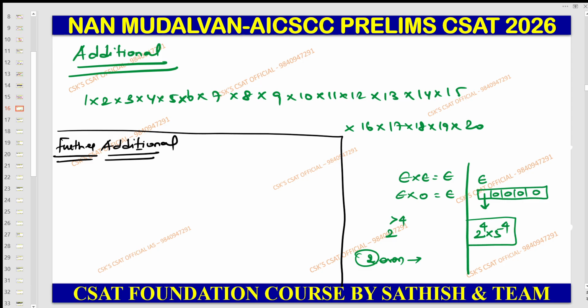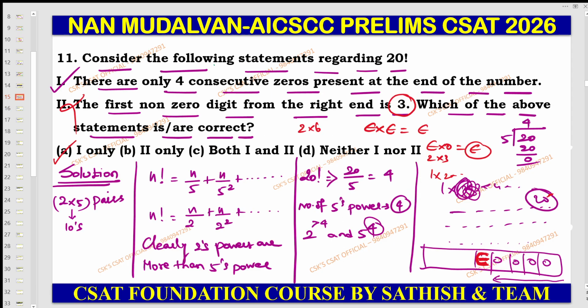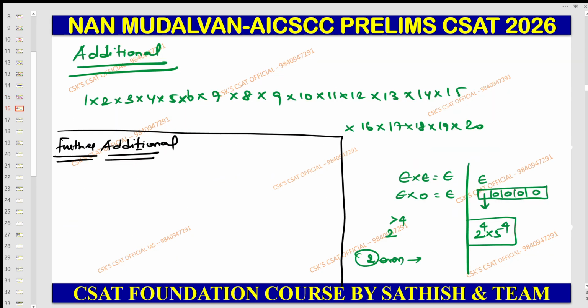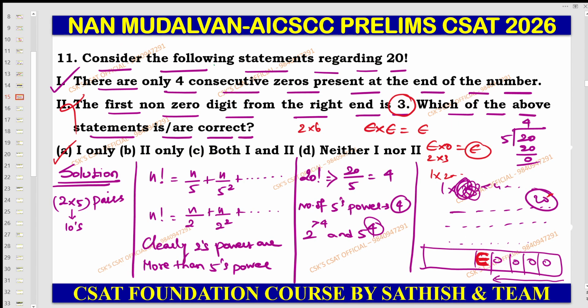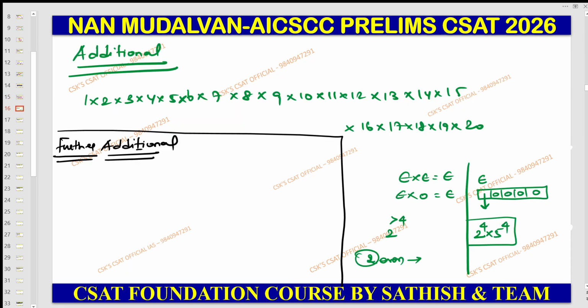Suppose the question says the first non-zero digit from the end is 4, will you answer it as right there? As I mentioned, it is even, so 4 is possible, and it could be 2, 4, 6, 8, anything possible there, right?